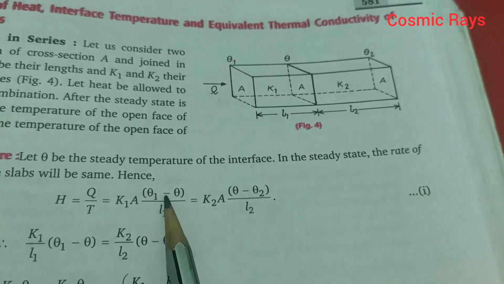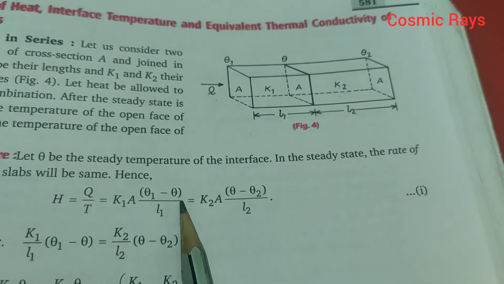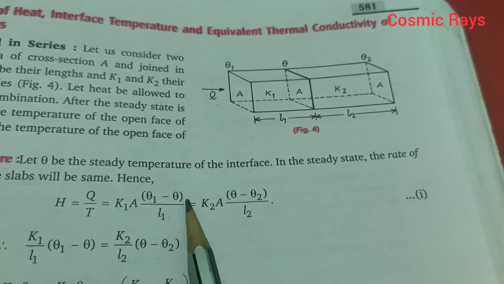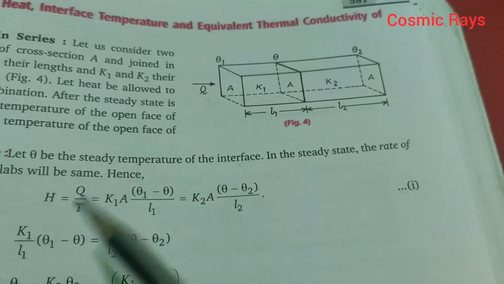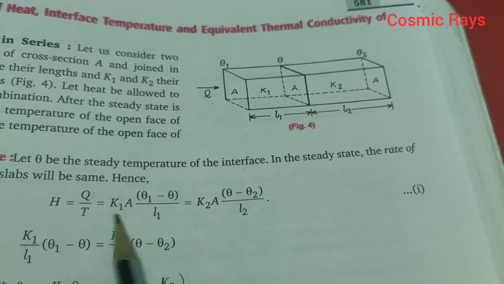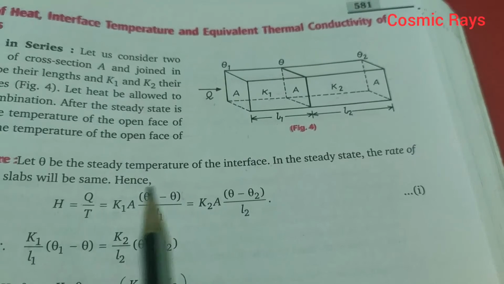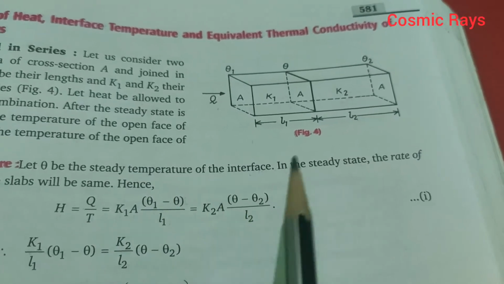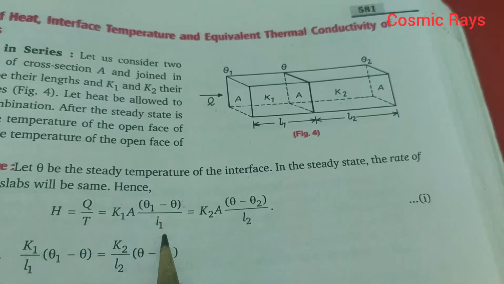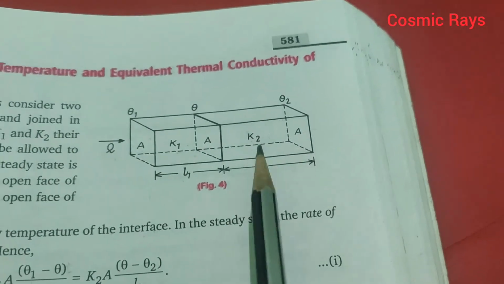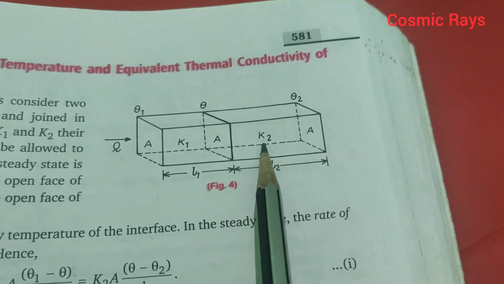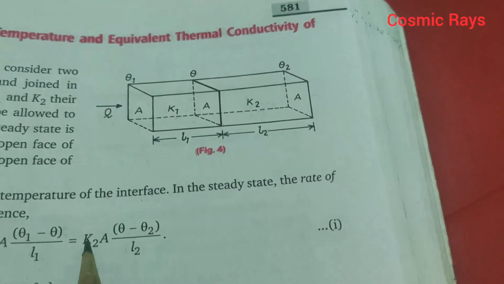So we have theta 1 minus theta, multiplied by T, and then we have a T in the denominator, so that T and T will cancel out, and length is L1.